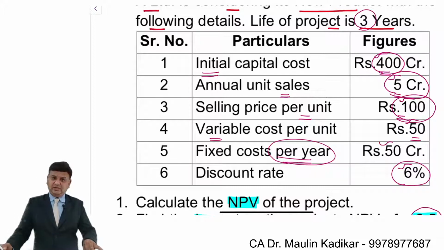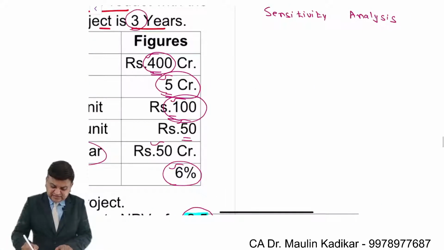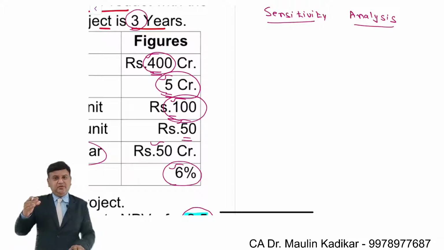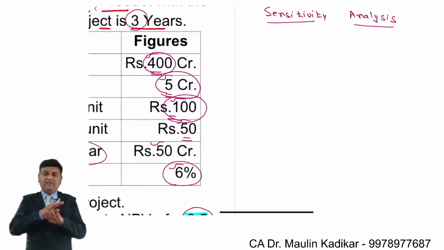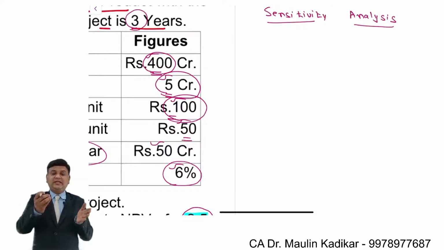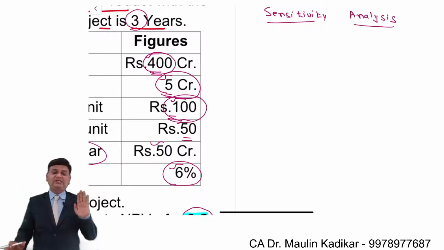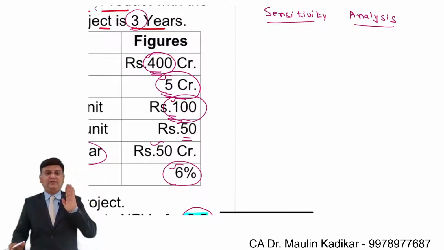Importantly, friends, over here, in case of sensitivity analysis, an assumption is made that there will be only one change at one point of time. Means only selling price will reduce, and keeping all other variables same, we have to make the calculation of NPV. Variable cost increases, keeping all other variables same, we have to compute the NPV.